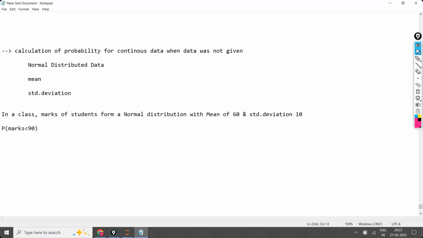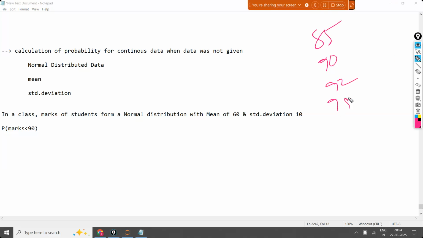Marks less than 90 means how do we generally calculate? How many students are there with less than 90 divided by total number of students. But here marks are not there, total number of students are not there. For example, if they had given 85, 90, 92, 98, 81, 92, 84, 76, then I can calculate how many records are less than 90 divided by total number of records.